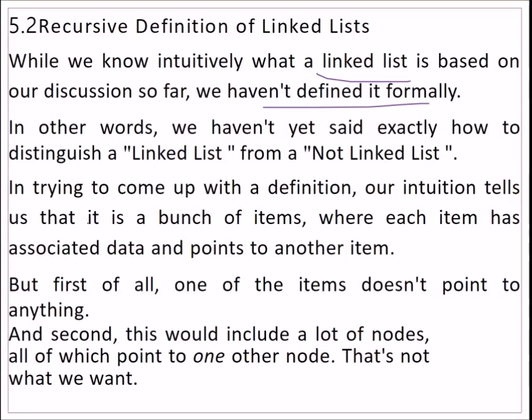What we can say is, it is a bunch of items where each item has associated data and a pointer to another item, but one of the items doesn't point to anything. That is the last item. And second, this would include a lot of nodes, all of which point to one another node.